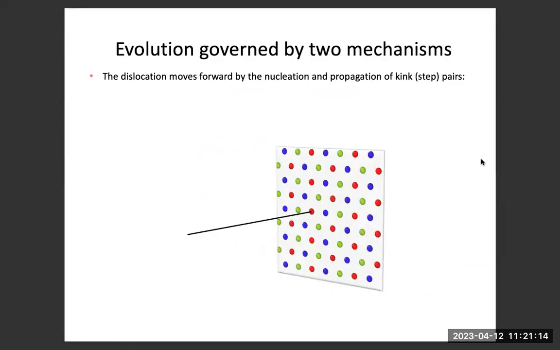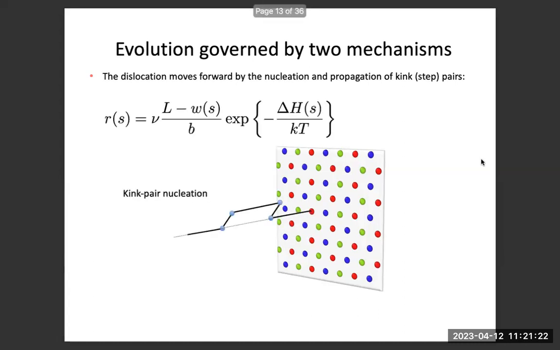So this is a very good slide. The evolution is governed by two mechanisms. One, the dislocation moves forward through the nucleation and propagation of kinks. So this is the kink pair nucleation. We have edge parts and screw parts. You cannot move the whole screw dislocation to another energy state. It's energetically not feasible.